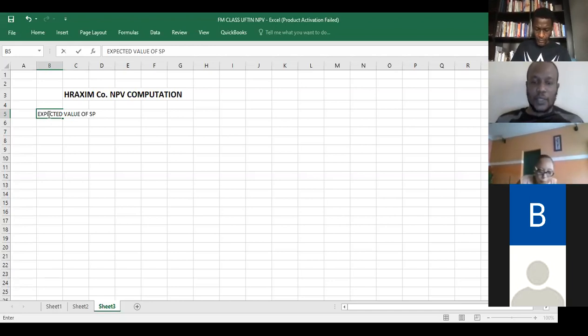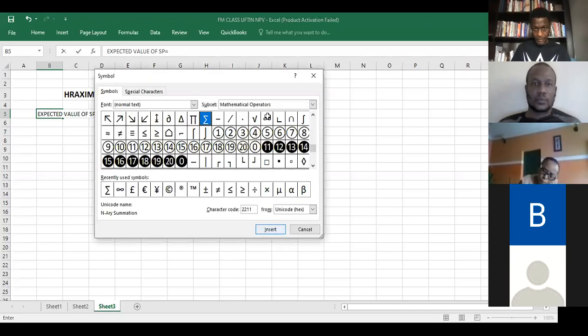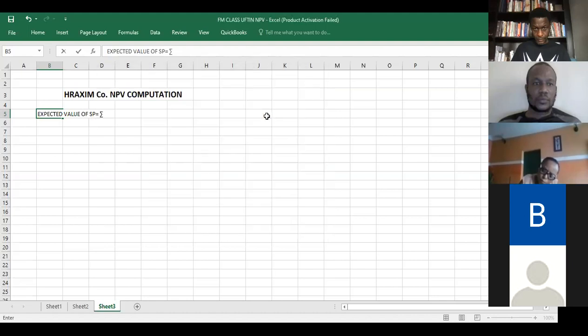Remember, our expected value is the summation of probability times the value. So we have for moderate, weak, and strong, right?